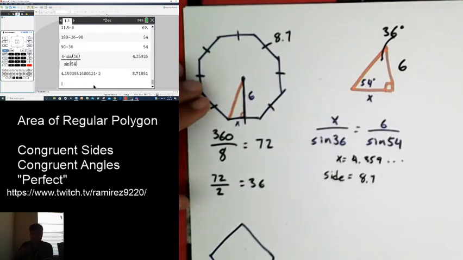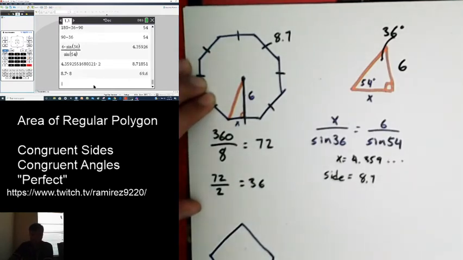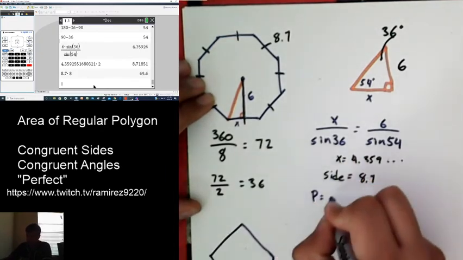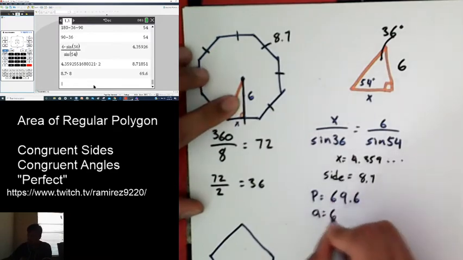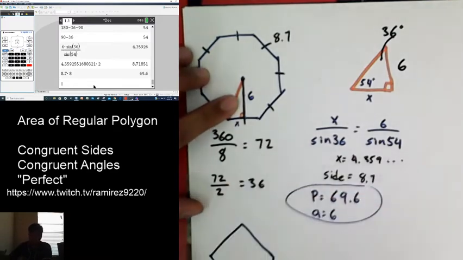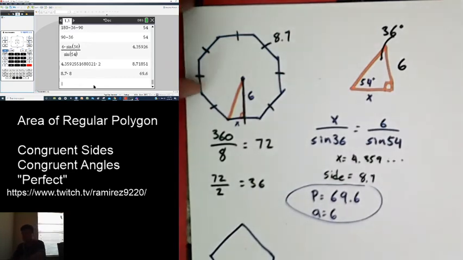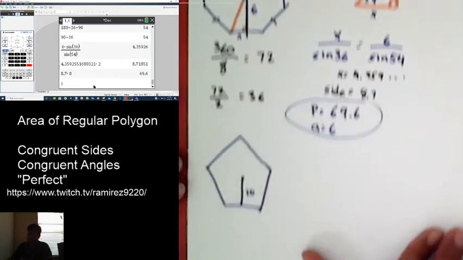And if I wanted to find my perimeter, I just get my side length and I multiply it by the number of sides. So the perimeter is 69.6 and my apothem, which I already knew, was 6. Okay, once you know those two things, you just plug them in and that's pretty much it.